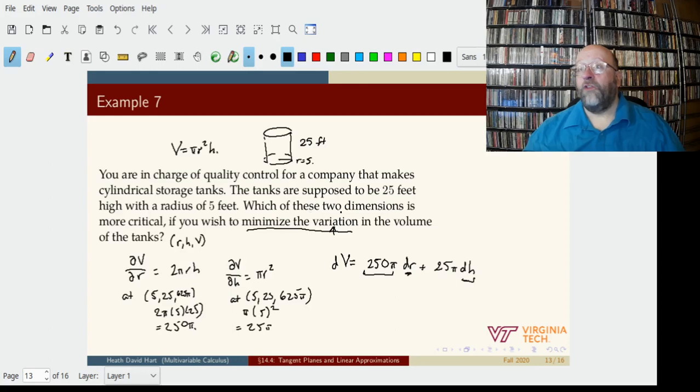Which dimension is more critical if I want to minimize the variation? I want to control the radius, because a small change in the radius will have a much bigger effect than a small change in height. And so radius is more critical.